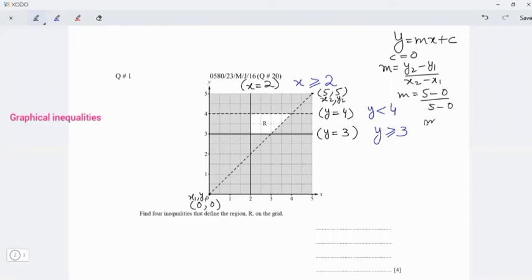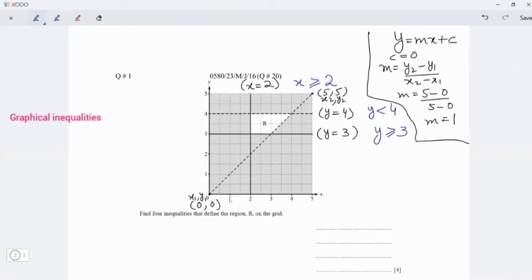So what about the answer? The answer is 1, so the gradient is 1. How can we deduce the gradient from this graph? In one look, you can see that if there is an increase of 1 unit on the x-axis, there is an increase of 1 on the y-axis as well.